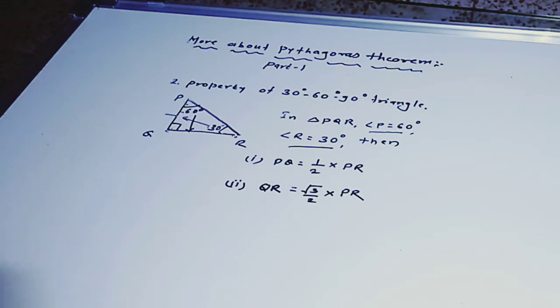This is the characteristic of the sides of a triangle when it is a 30, 60 and 90 degree triangle.